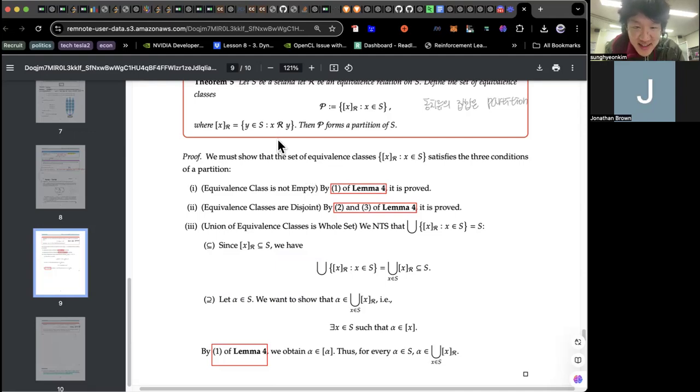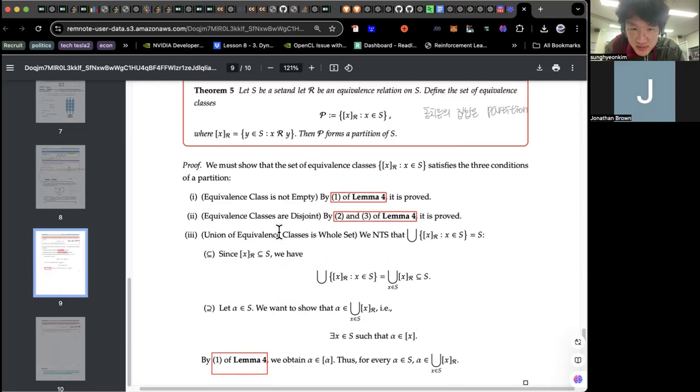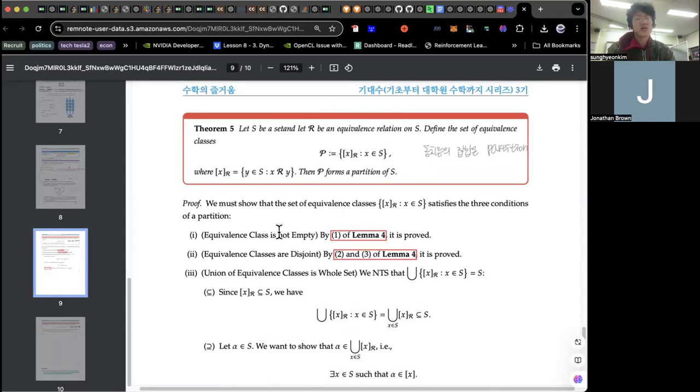Do you get part one of the proof? The equivalence class is not empty. Oh, I think so, because X is in S, so the equivalence class is not empty. Yeah, that's coming straight from lemma 4.